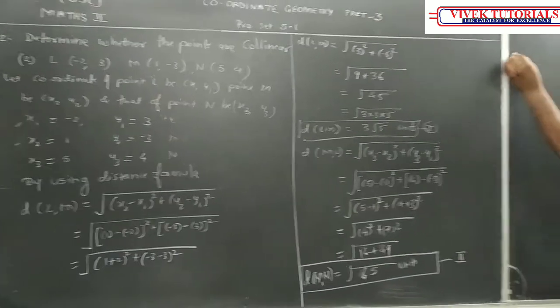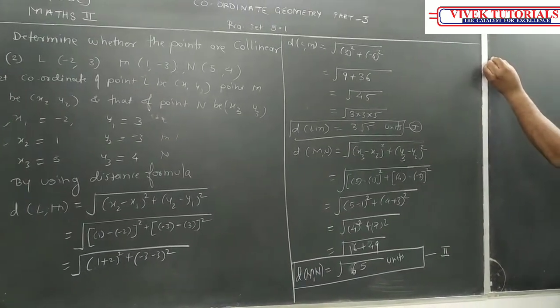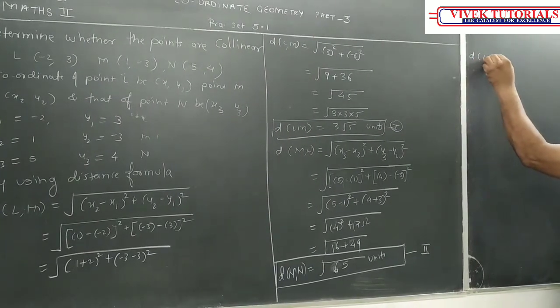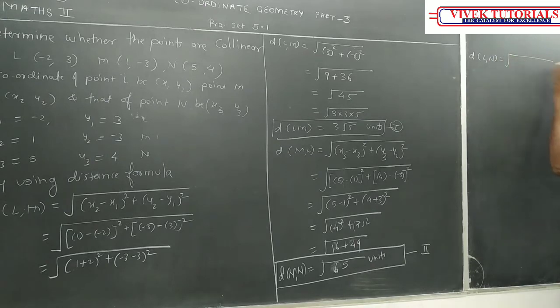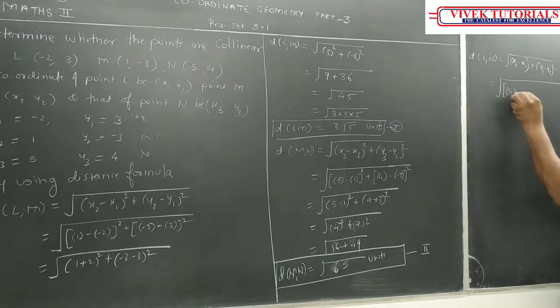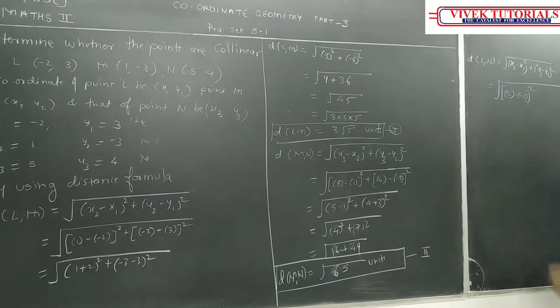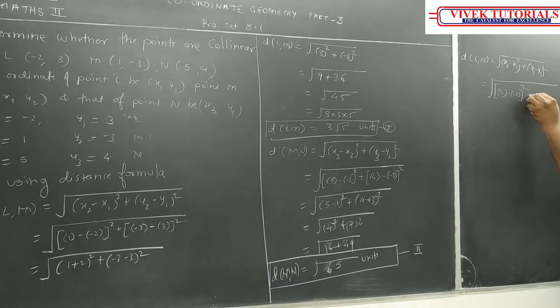Okay, now we'll find out the distance LN. So distance LN is equal to root of x3 minus x1 the whole square plus y3 minus y1 the whole square. That is equal to, in square bracket, x3 is 5, so 5 minus minus 2 the whole square, and y3 is 4 minus 3 the whole square.